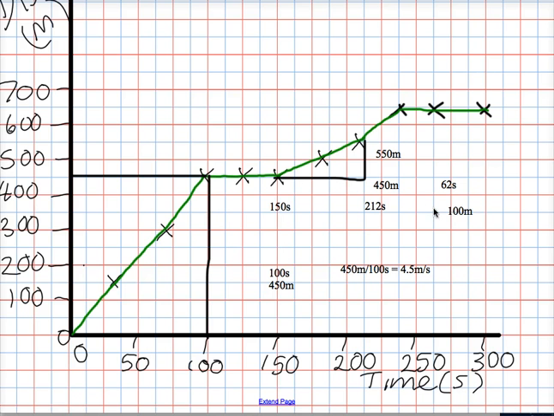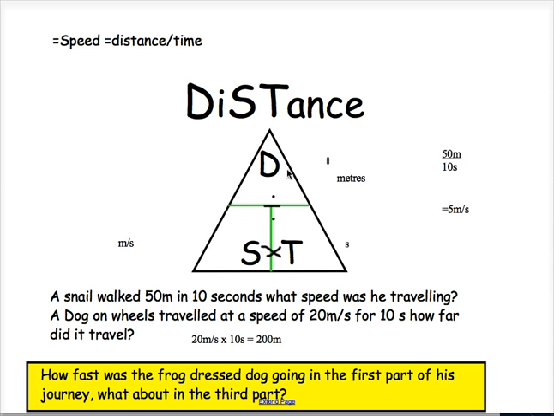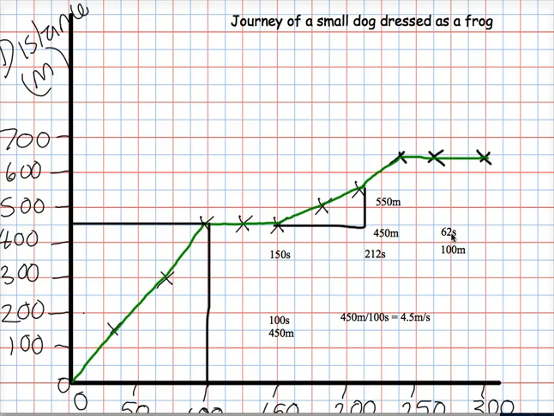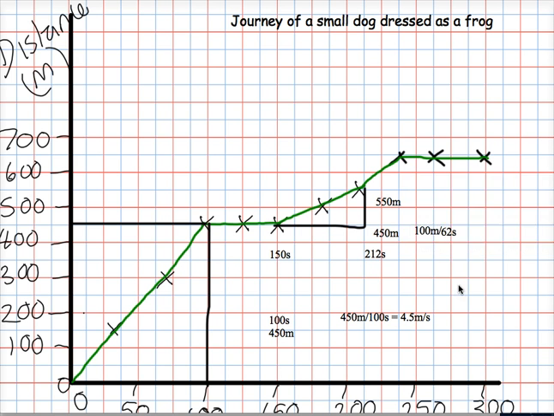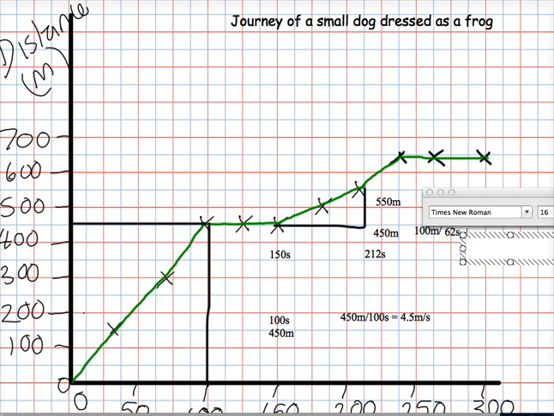Shove it in that lovely old equation here, D S T, distance divided by the time. So it's 100 divided by 62 seconds. And that will give you the speed of the dog dressed as a frog in that last stage.